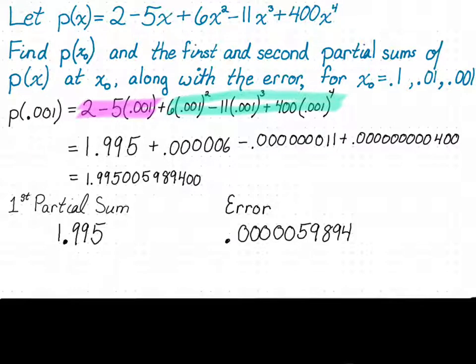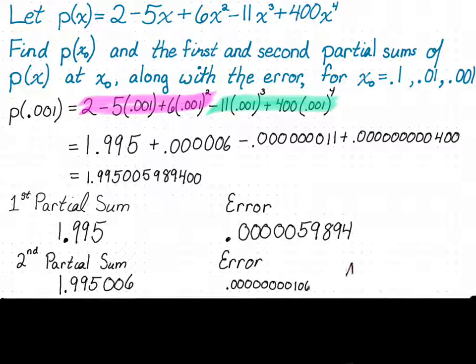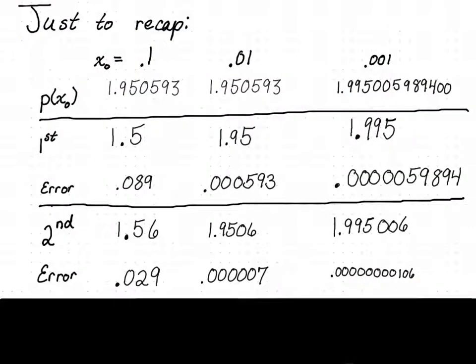And the error is very tiny, you can see already. And then the second partial sum is the first 3 terms, and that error is very minuscule. If you just added the last 2 terms together, you would get a negative, so remember to take the absolute value again.